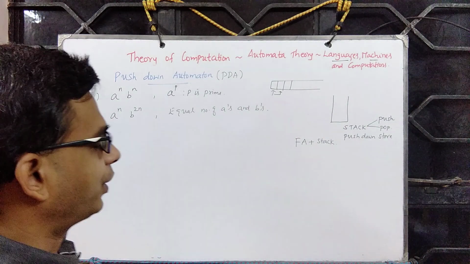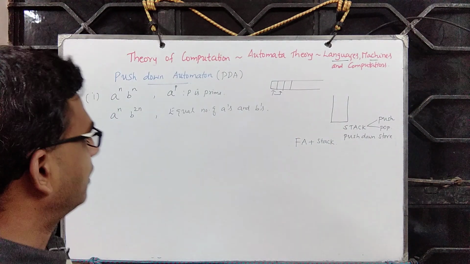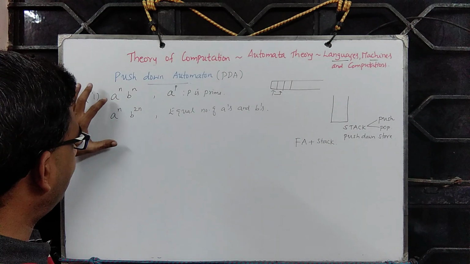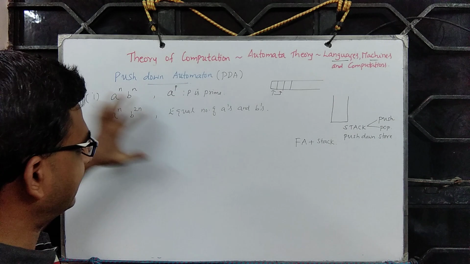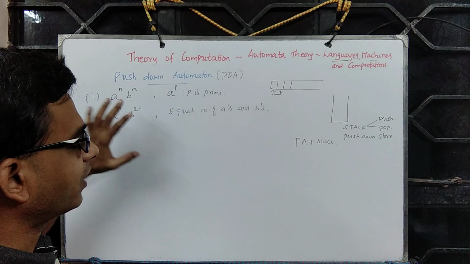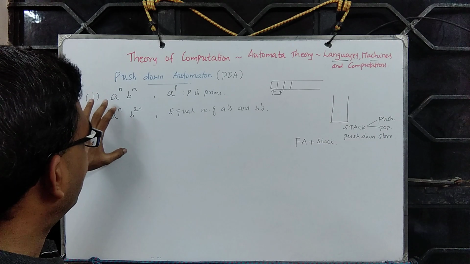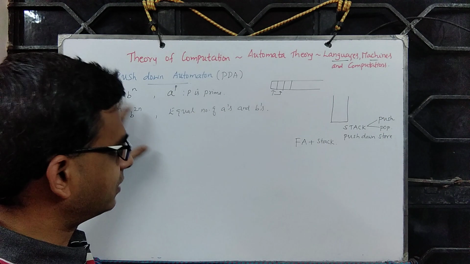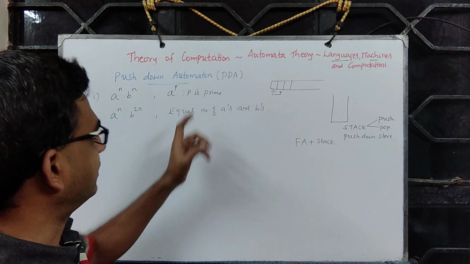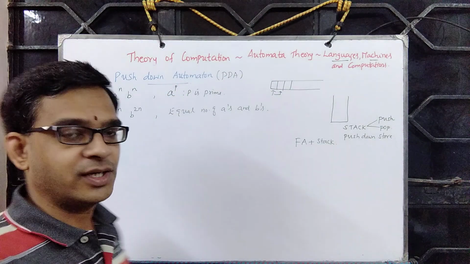Now, what we will do is, let's look at a couple of non-regular sets, all are non-regular, and see whether these non-regular sets are accepted by push-down automaton.